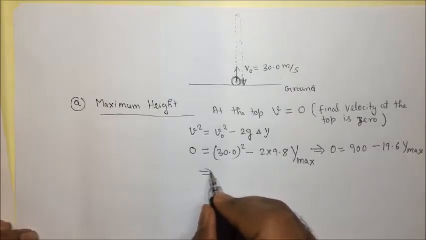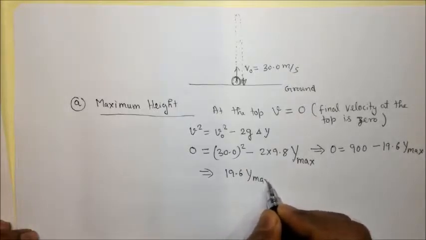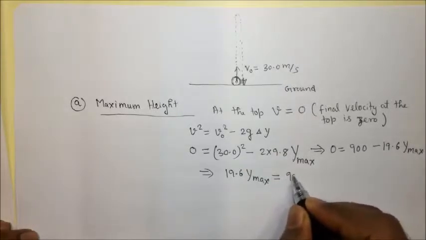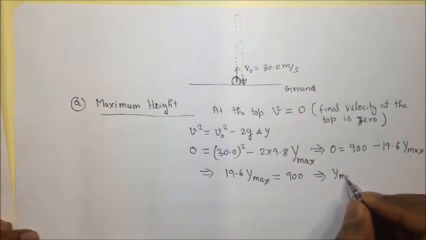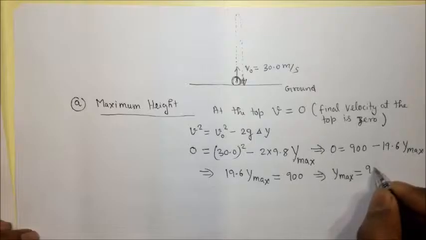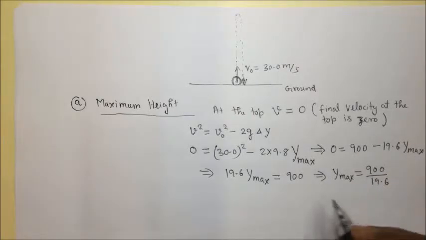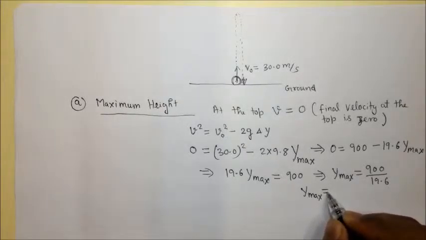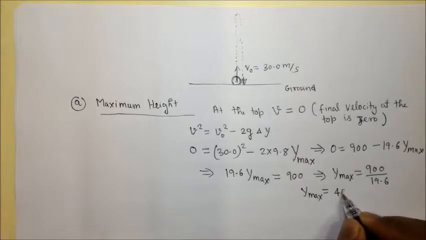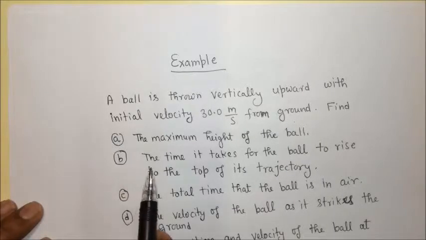So 19.6 Y max is equal to 900, so Y max is equal to 900 divided by 19.6, and Y max will be equal to 45.9 meter.